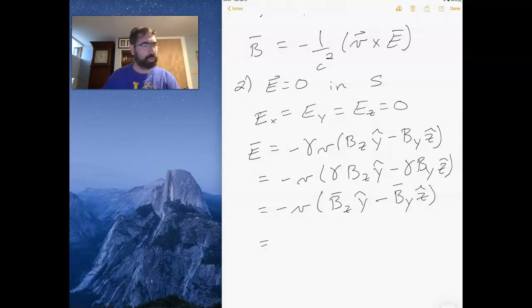And again, what we would get is the velocity crossed into the magnetic field. So what we find is that you have electric and magnetic fields which are perpendicular to each other. Actually, they're doubly transverse, because the electric field is perpendicular to the velocity direction, and the magnetic field is perpendicular to the electric field.